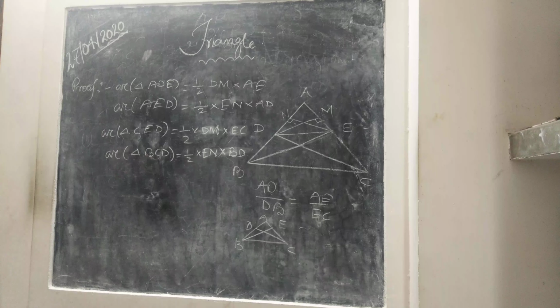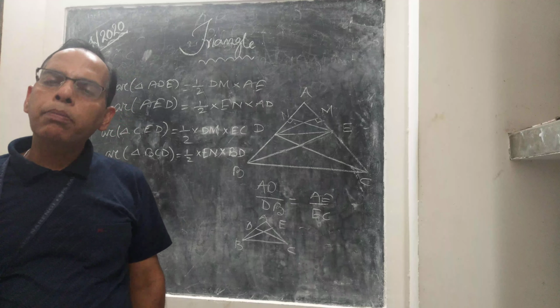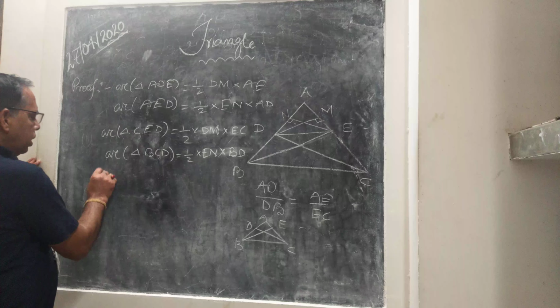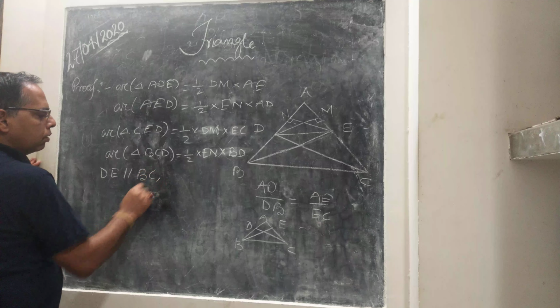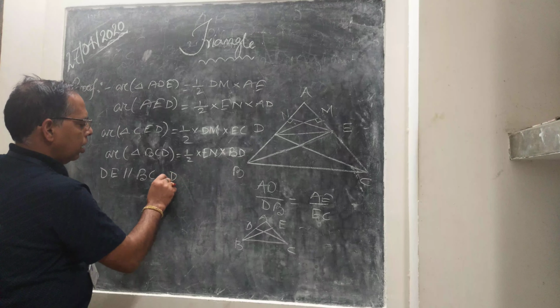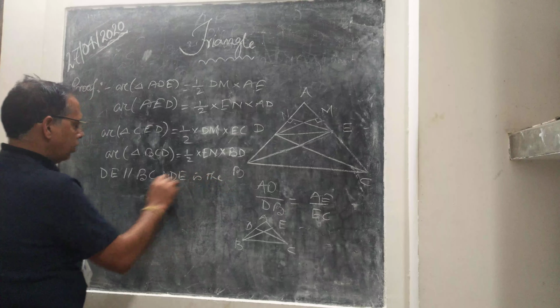Now, I already told you, if two triangles stand on the same base and within the same pair of parallel lines, then their areas are equal. Now here you see DE parallel to BC, and DE is the common base.